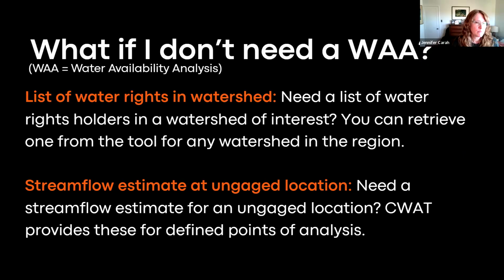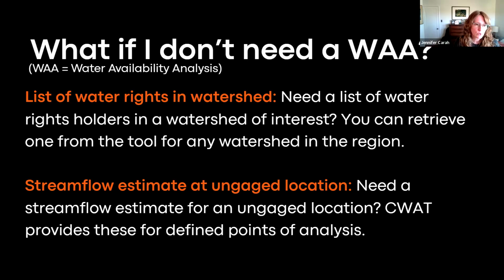One way that we see that this tool could be useful for folks, even if they don't need a full-blown water availability analysis, is that it's a tool that allows you to access water rights information in a watershed. So if you needed a list of water rights holders in a particular watershed of interest, you could step through the process, and that is one of the outcomes of the tool that you could use.